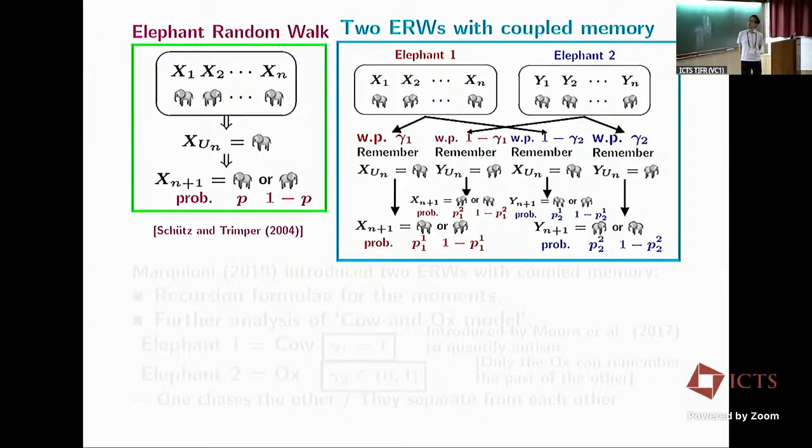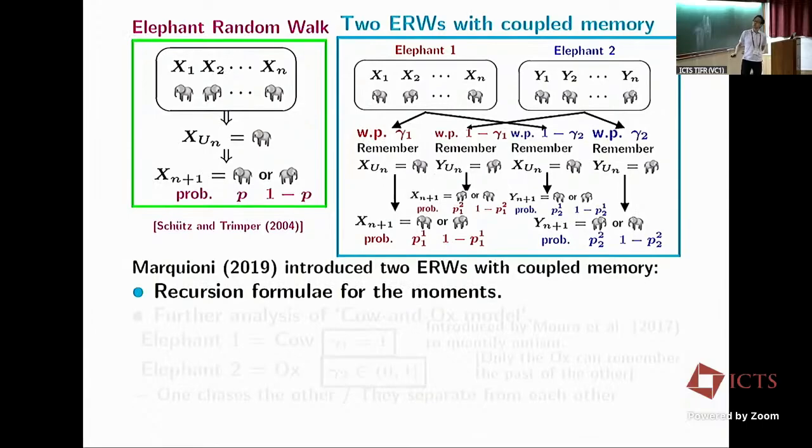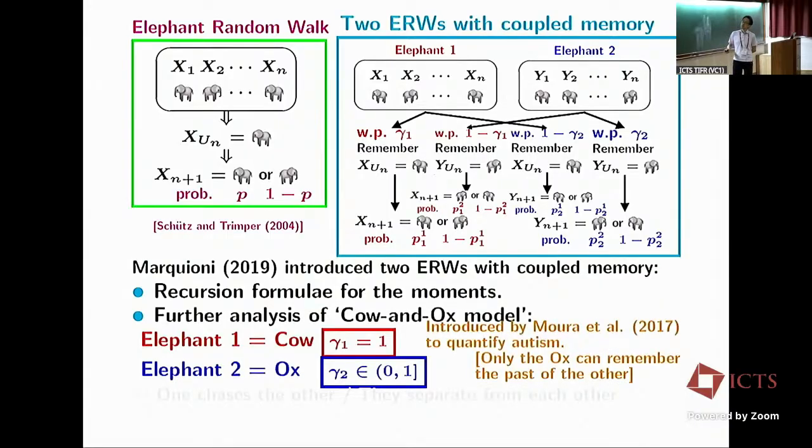This kind of elephant random walk model was introduced by Marchioni in 2019. To the best of my knowledge, he first introduced such a model. In his paper, he obtained recursion formulas for the moments, first, second, and more. In a later section, he did further analysis of what he called the cow and ox model.